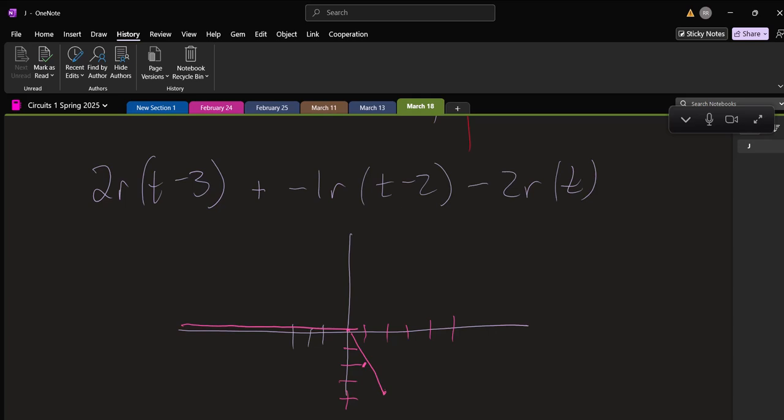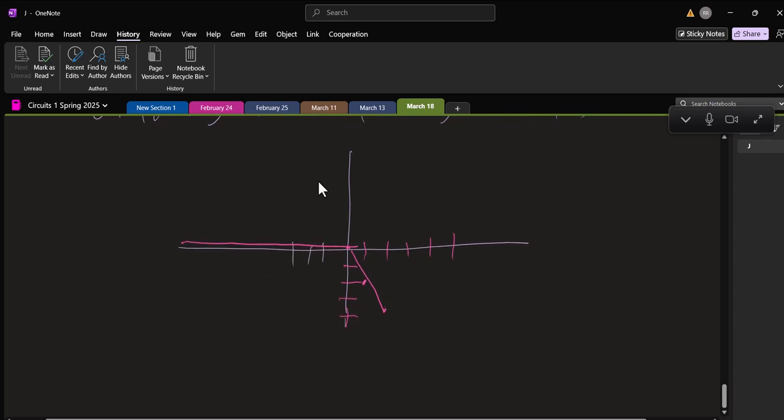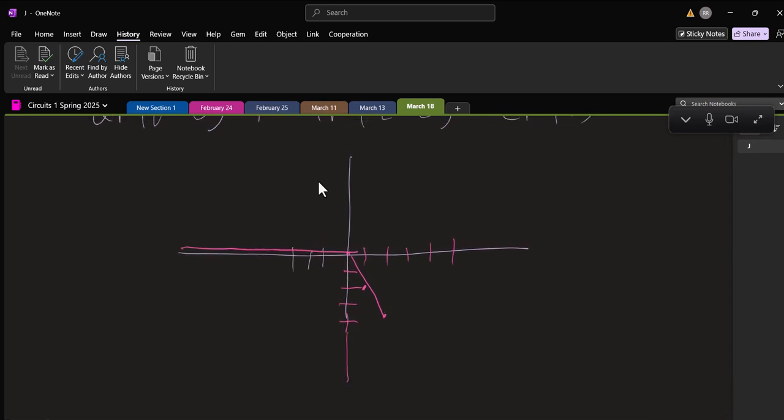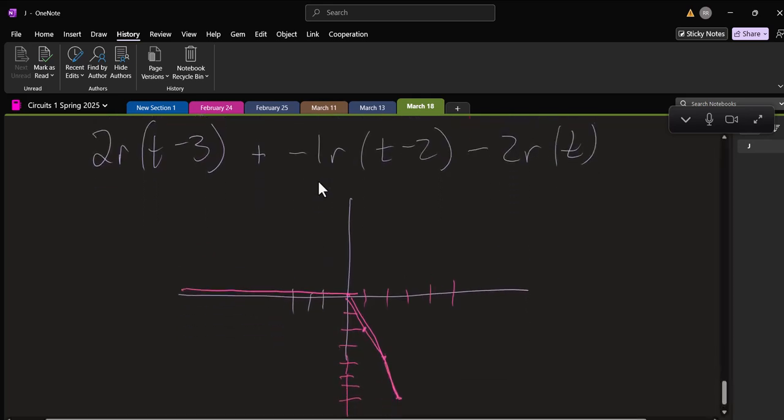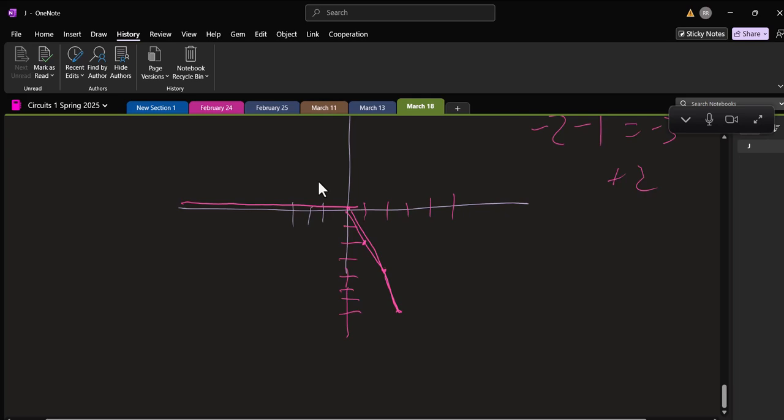And then when I get to 2, I'm adding on a -1 to my slope, so now I have a slope of -3. So I'll go down 3. So I got slopier. And then when I get to 3, so I had a slope of -2, then I subtracted 1, I have a slope of -3, and when I get to 3, I'm going to add 2, and so now I'll have a slope of -1. So the slope is changing.